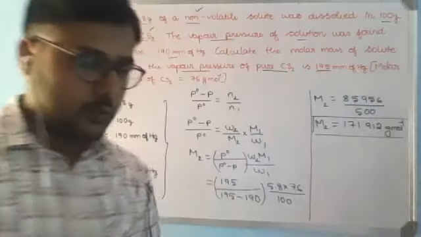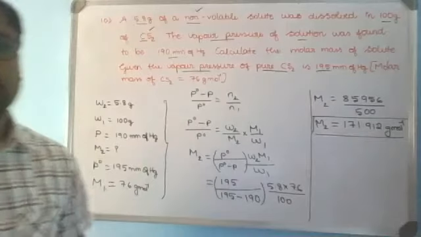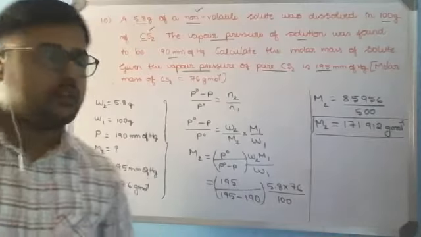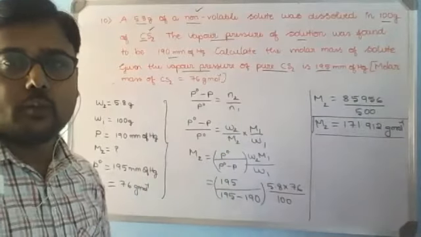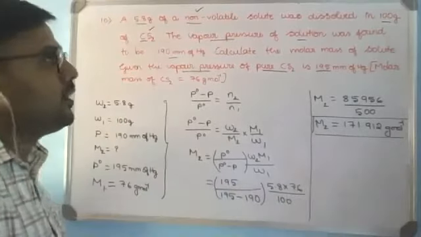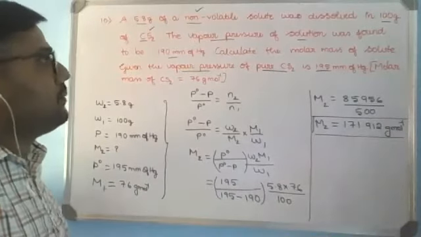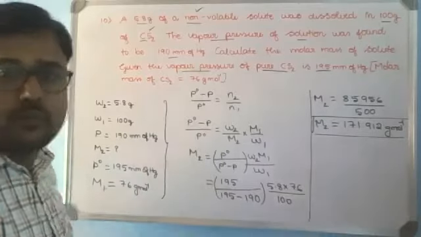The answer is almost similar, nearer to the previous problem also. So 171.912 gram per mole is the molar mass of the given non-volatile solute with a mass of 5.8 grams dissolved in 100 grams of CS2.